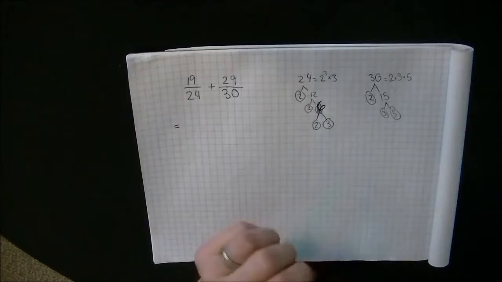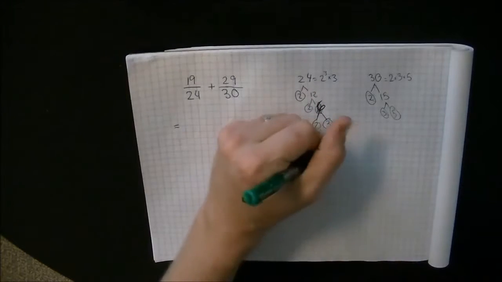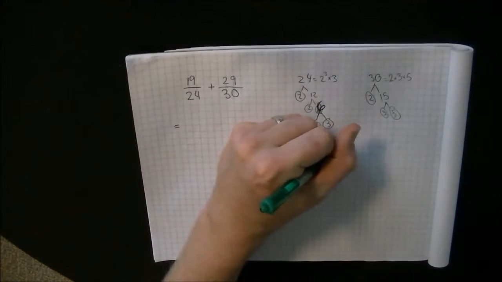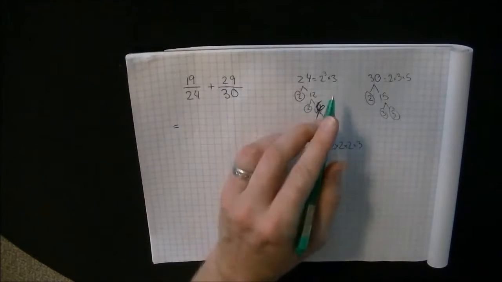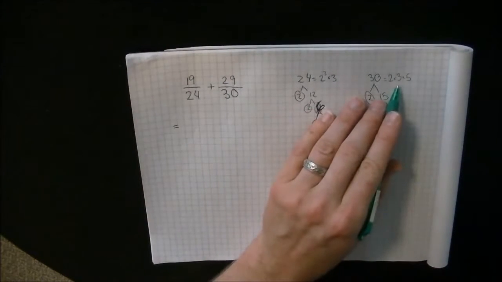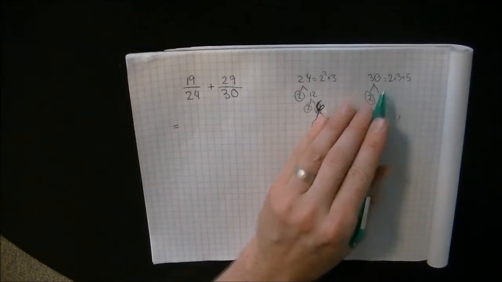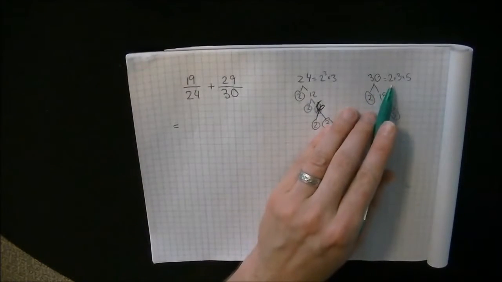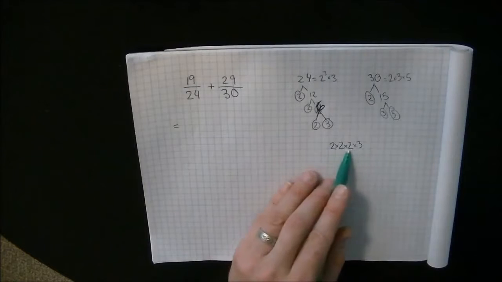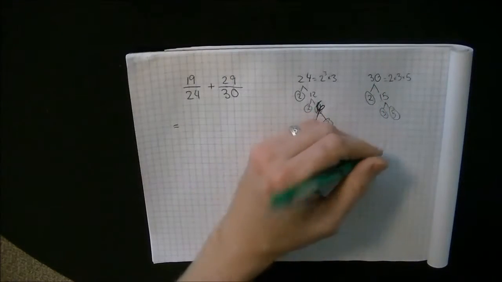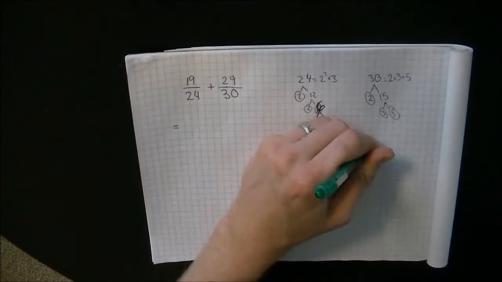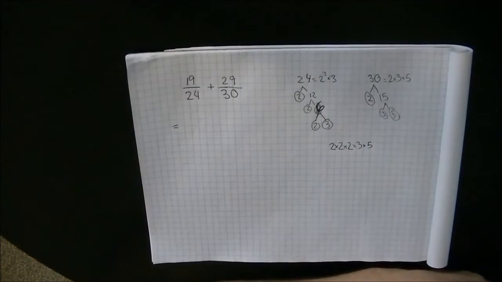So I need three 2s, so that's 2 times 2 times 2, and then one 3 is enough for 24, and it's also enough for 30, right? Now, did I get enough 2s for 30? Yeah, I need only one 2 for 30, but I've got three of them already. Okay, I need one 3. Okay, I've got one 3.